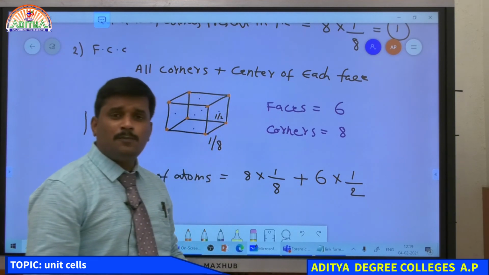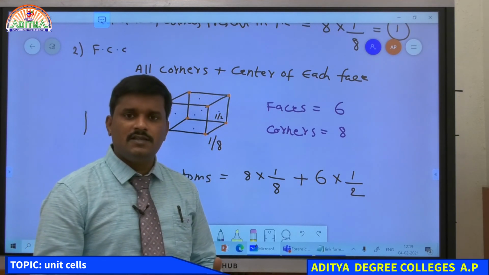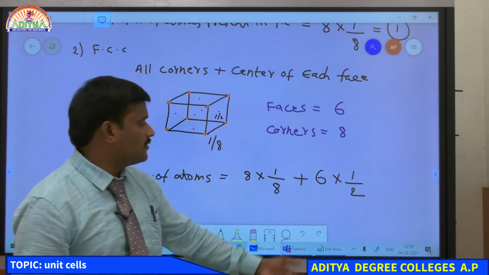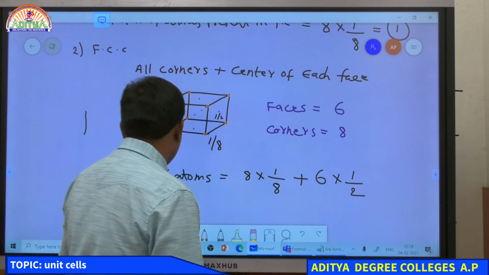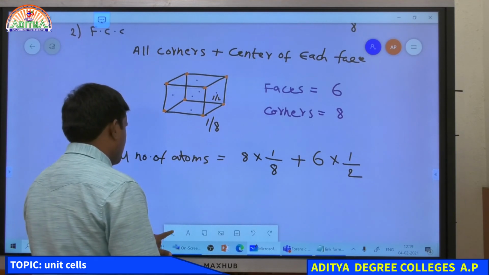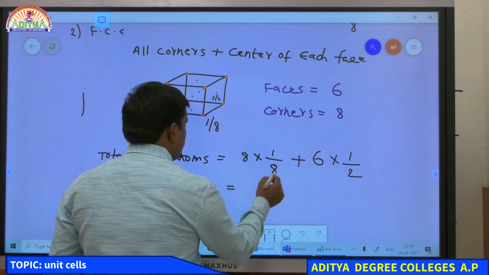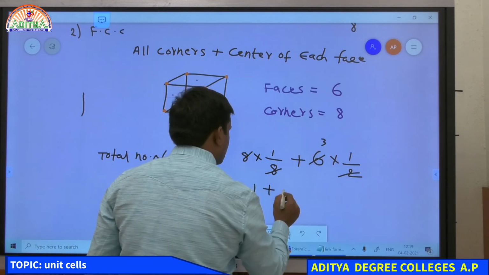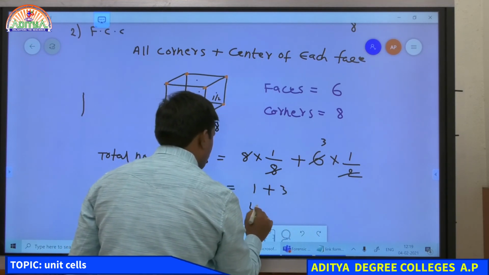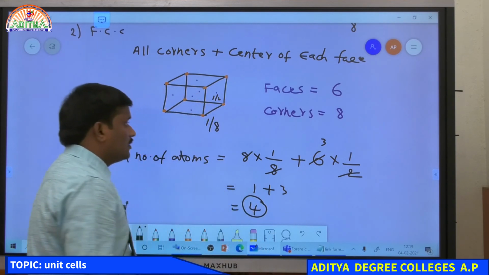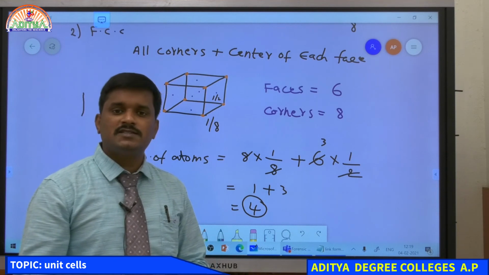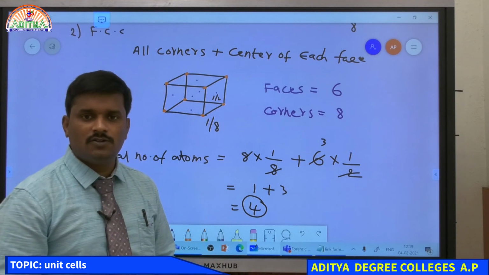That means the point present at a face is shared by 2 unit cells. Therefore, 6 into 1 by 2. So totally its value is, 8 cancel, 1 plus 3, that is equal to 4. Therefore, the total number of atoms present in an FCC unit cell is always equal to 4.